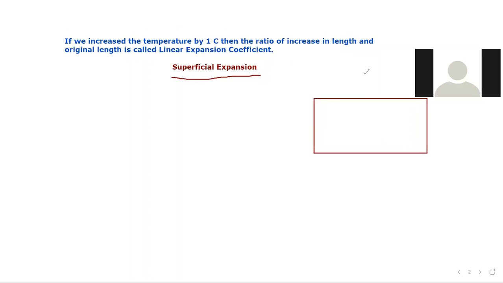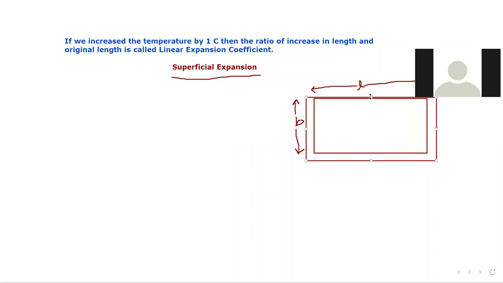The length of the rectangular object is L and this is the breadth B. Suppose if we increase the temperature, then the length and breadth both will be increased.